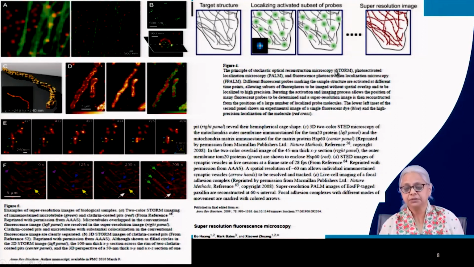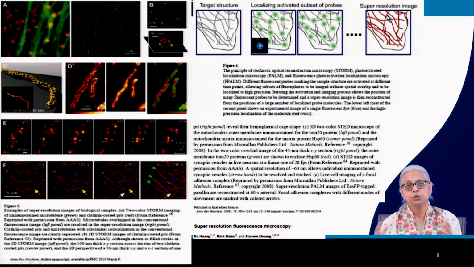And the basic principle of this super resolved microscopy, or in this case stochastic optical reconstruction microscopy and so on, is that you have fluorescent dyes which attach themselves to particular cell organelles. So you're not looking at the entirety of the cell, which we saw in dark field, bright field and phase contrast. In this case, we are looking at only particular cell organelles. So if you have a structure like this, you're going to be able to attach the fluorescent dye only to these fibers, and that's what is shown over here, and the end result is an image like this.